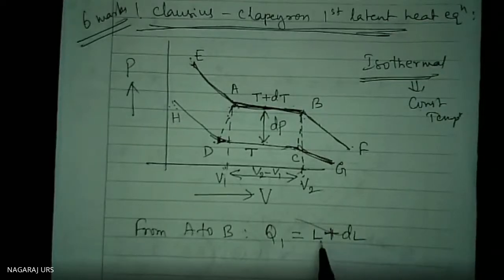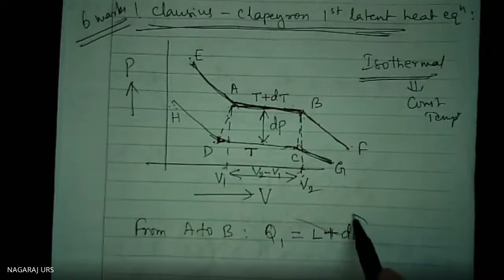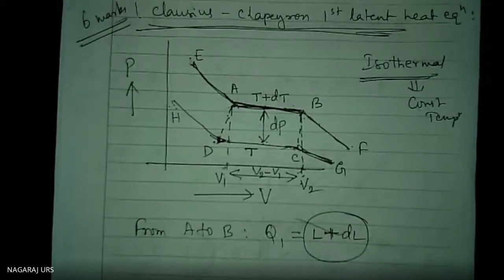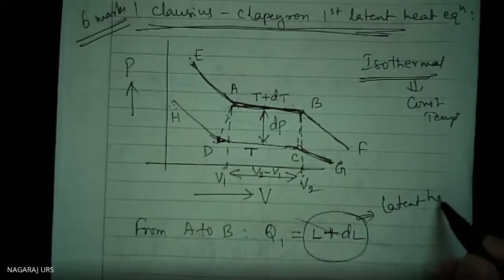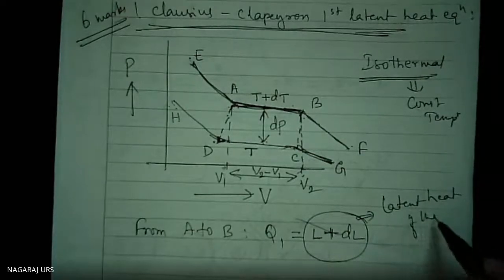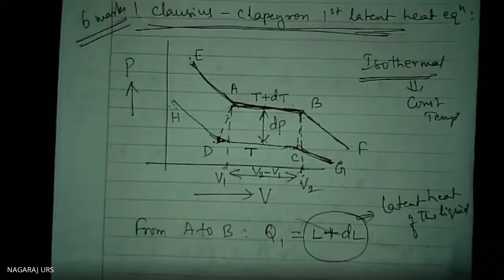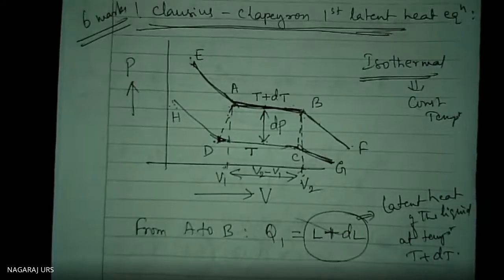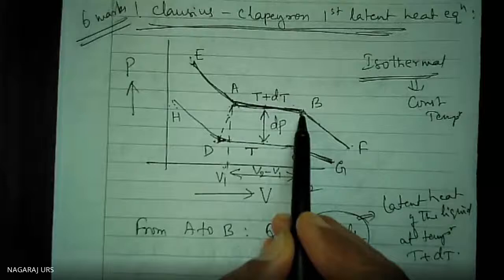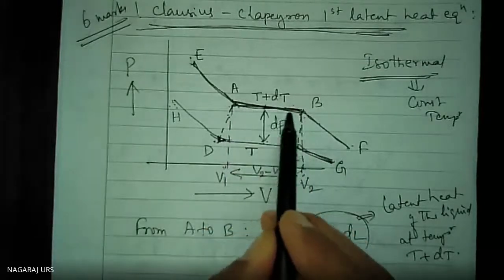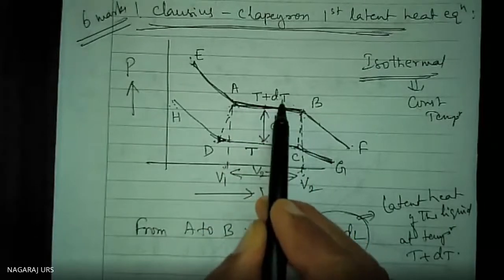What is that L plus dL? It is the latent heat. This is the latent heat of the liquid at a temperature T plus dT. It starts from A, goes to B. It is converting from liquid to gas at a temperature T plus dT.